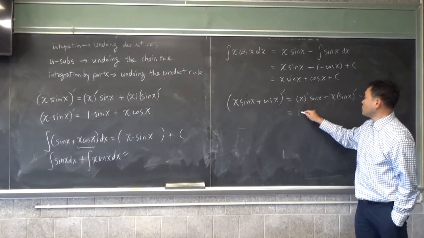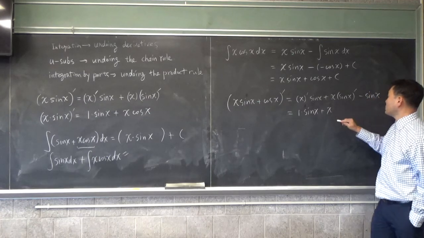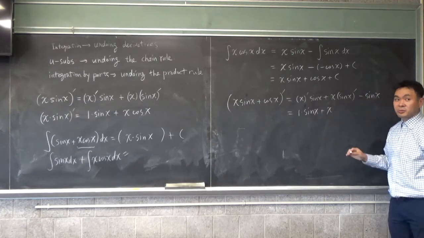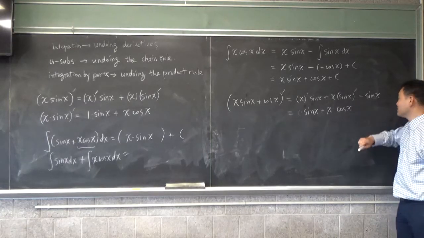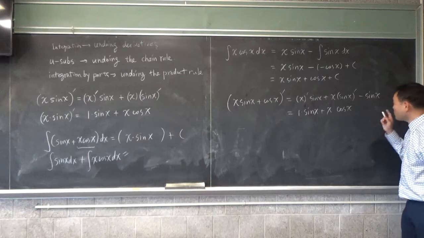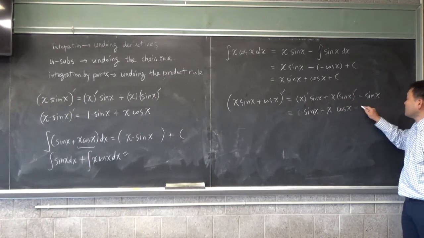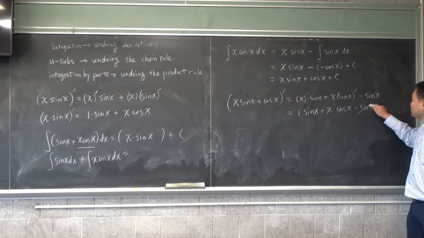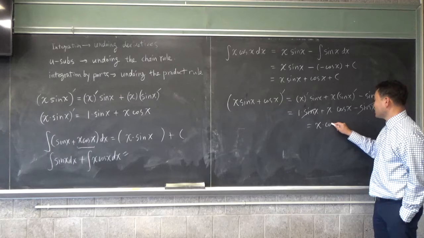This is 1, so 1 times sine x plus x times the derivative of sine x, which is positive cosine. You really want to memorize the derivatives. Now you see that these two cancel, and indeed you get x cosine x.